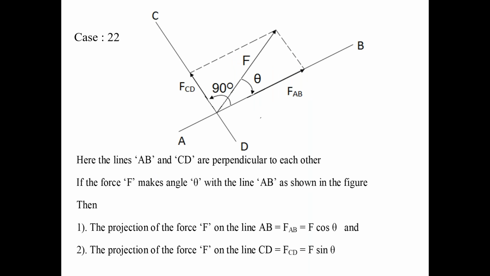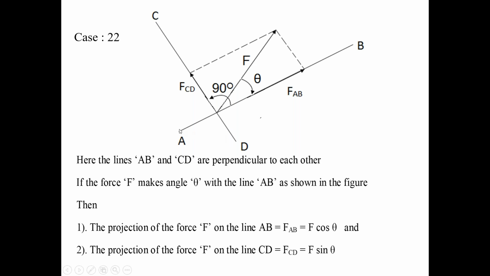Check this last condition 22. In this condition also, there is no x-axis, there is no y-axis. But in this condition, we have the line AB and the line CD.